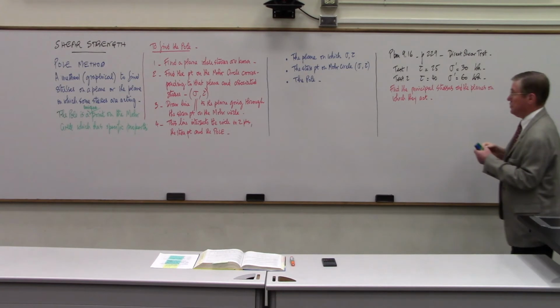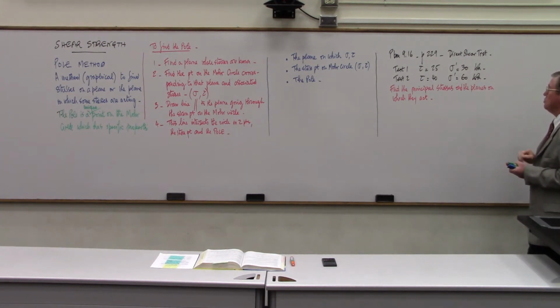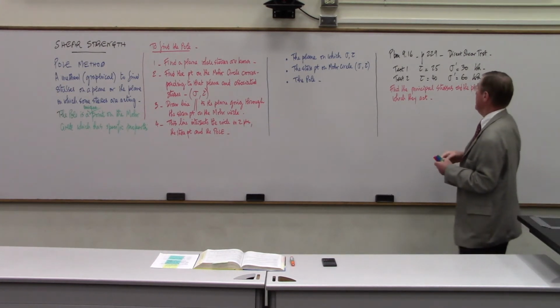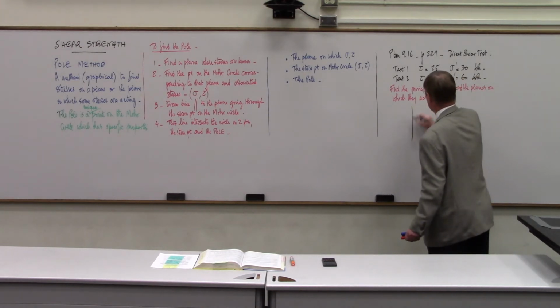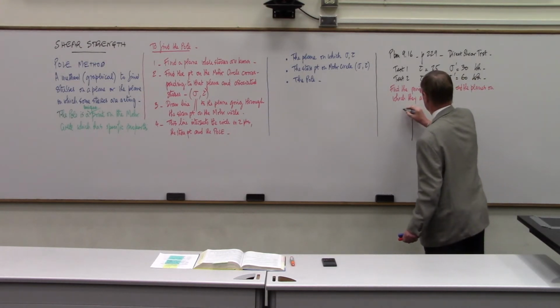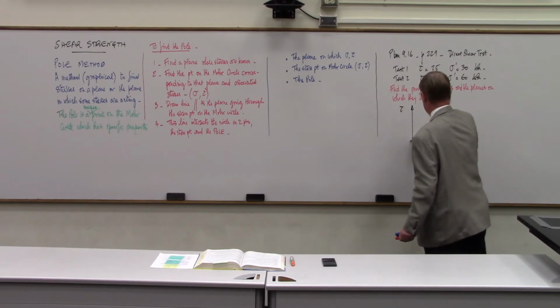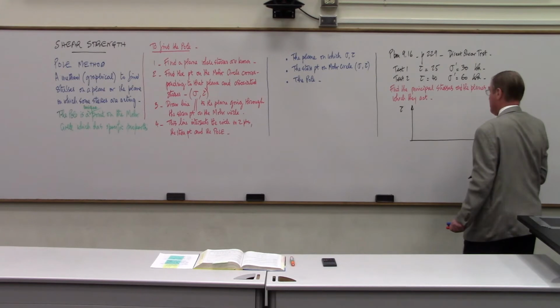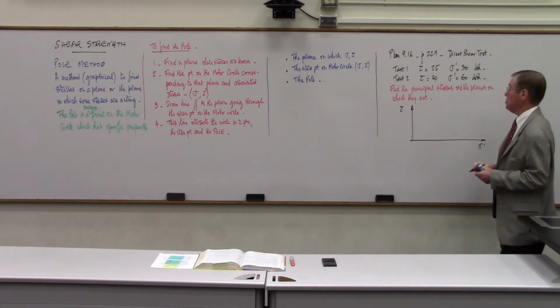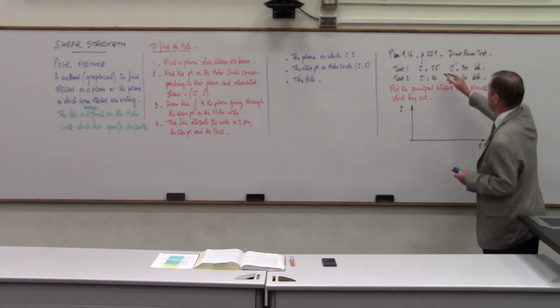All right. So we're going to do this, and you recall that what we had done is we put on the tau versus sigma prime set of axes, the Mohr circle set of axes, those 2 points.